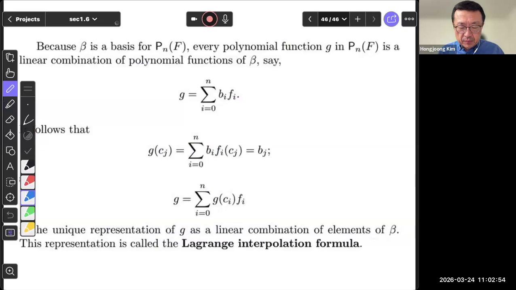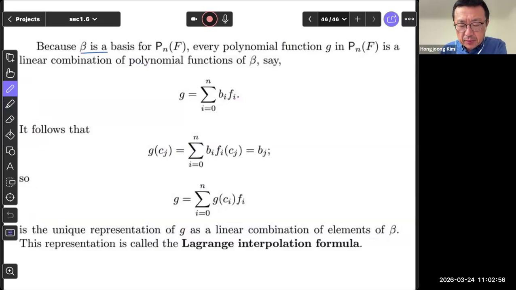Okay, so it is a basis. So that means beta is a generating set, right? It is a basis, so beta spans this space, meaning that each vector in that space can be written as a linear combination of the vectors in this basis.